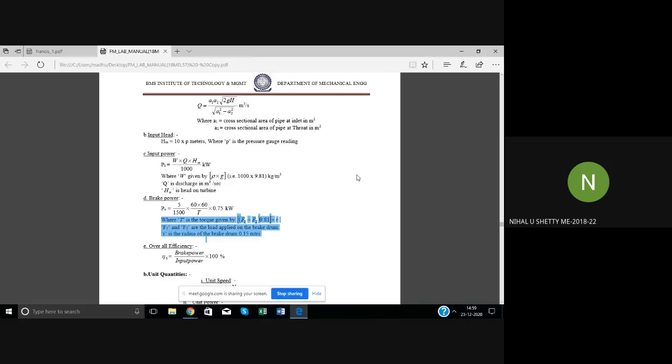So Q value is coming the same only, sir. 1.9 into 10 power minus 3. One second, wait. Check. A1 is how much? Pi by 4 into d square, no? D1 is 25 mm.